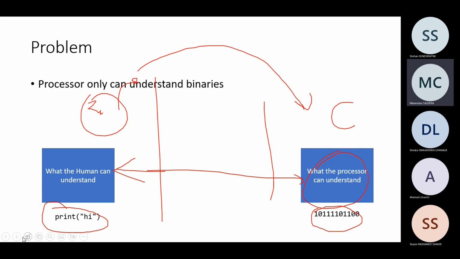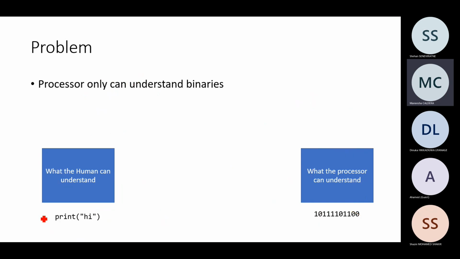Right now, as I told, the processor can understand only binaries. We don't understand binaries. We can, but it's a big task. As an example, we can convert this value and map it. That's not a big deal for one or two words or letters, but think of a paragraph, or a big set of instructions. It might be taking sensor input from some IoT device.